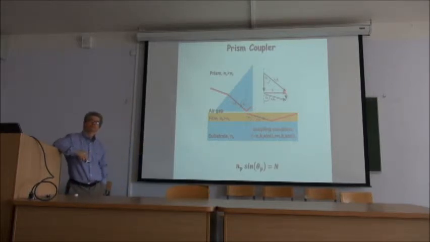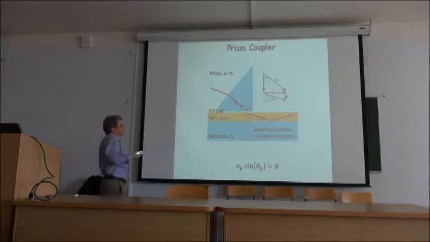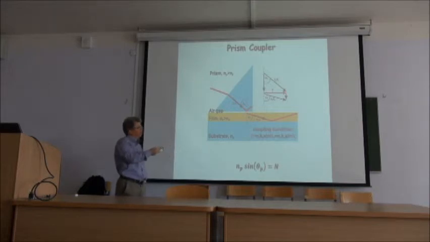And which thickness? What's the thickness? So you're going to get coupling as long as there is an overlap. There is an evanescent field here, and when you calculate the mode, there is also an evanescent field. You need to have the overlap between those two.